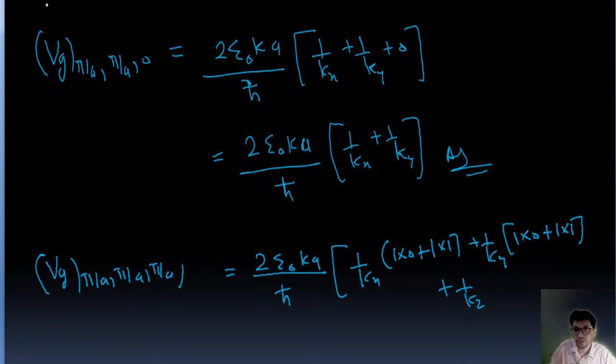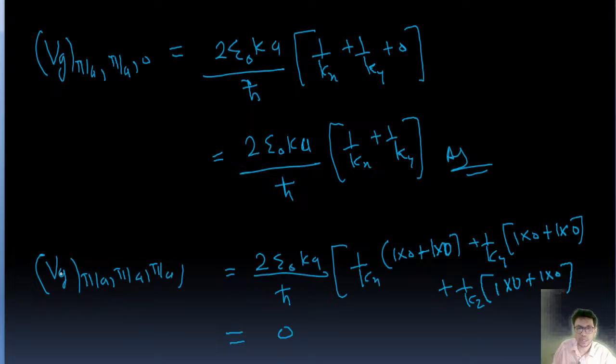We put this value, so this is going to be 1 into 0 into 1 into 0, because cos(π/2) is 0, and 1 upon kz into (0 plus 1 into 0). So this complete value is going to be 0 for velocity at (π/a, π/a, π/a). Okay, this is the answer, guys.